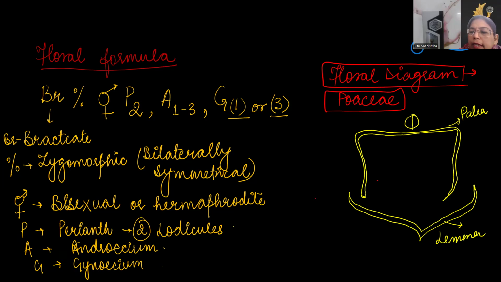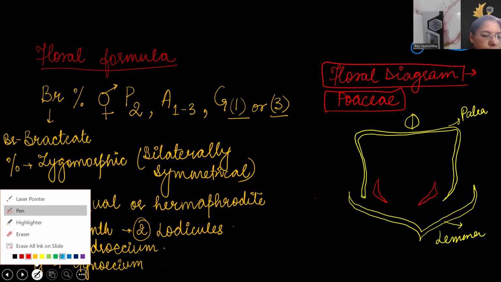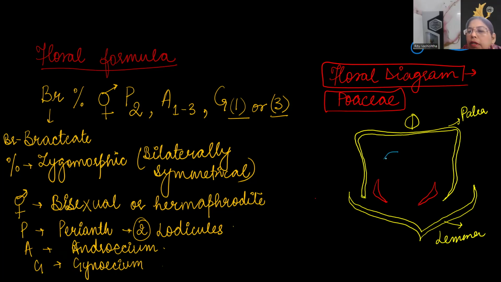Besides this, there is presence of lodicules. As you all know, there is presence of 2 lodicules. Then 3 stamens are present, which are 3 in number. Now here, basal placentation, ovary is present in the center with a single ovule, and these extended parts are the feathery stigma.